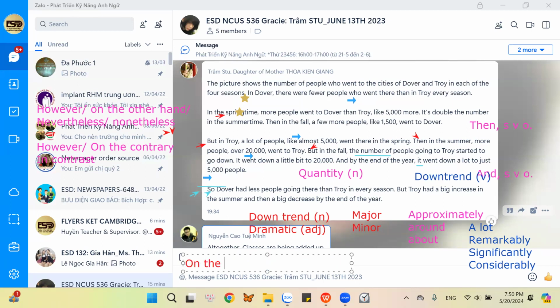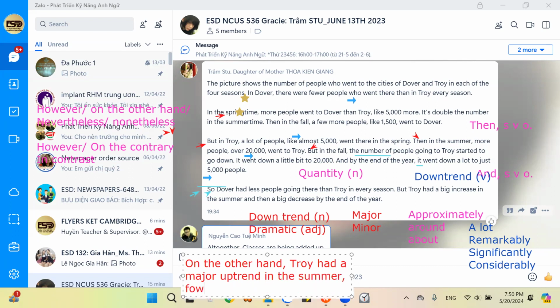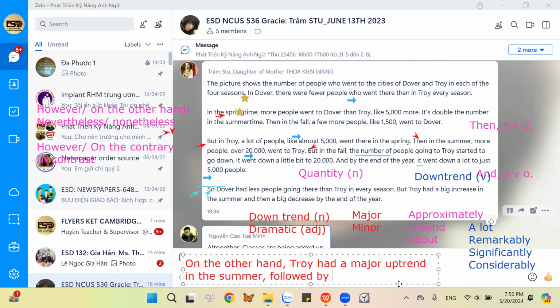Here you can say that on the other hand, Troy had a major uptrend in the summer, and then you use the phrase followed by. Followed by means that after that, this thing happens.